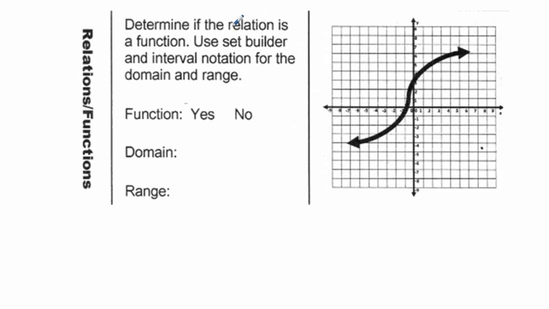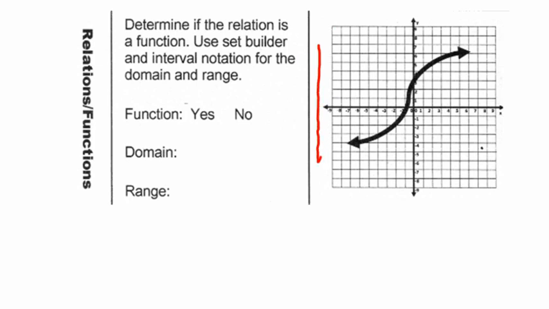Determine if the relation is a function. Use set builder and interval notation for the domain and range. So to find if the relation is a function, we do something we call the vertical line test.